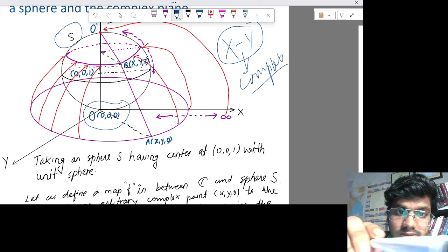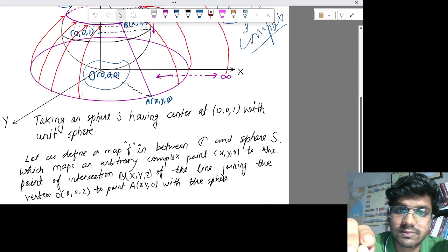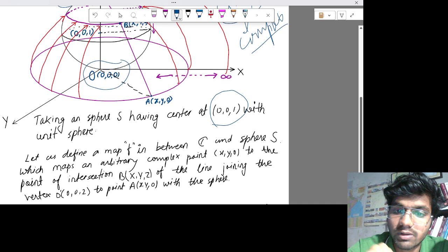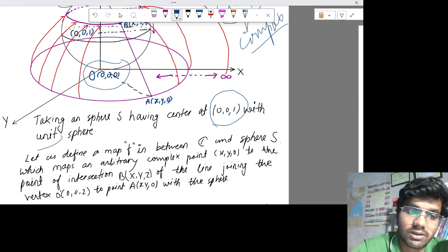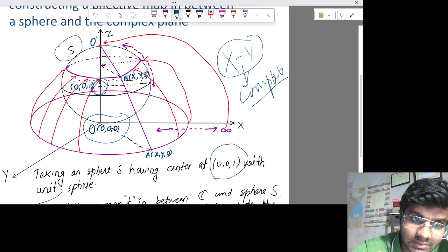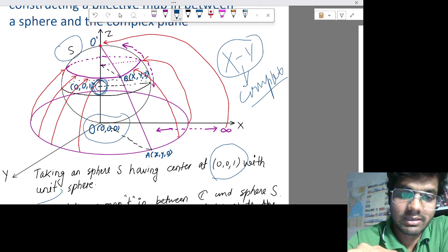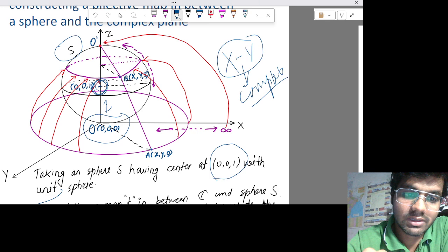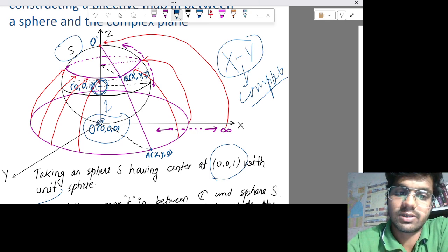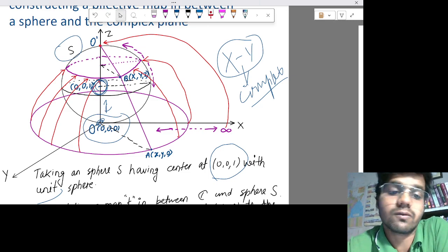The feature of this sphere is that its center is at 0, 0, 1 and its radius is 1, so that it touches the origin point 0, 0, 0. Why are we doing this? This will be clear after viewing this proof.